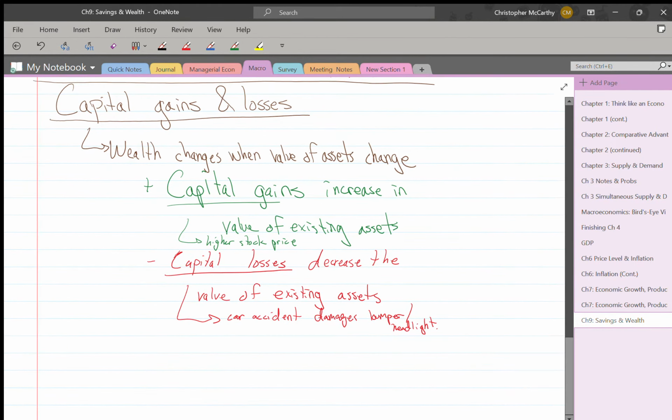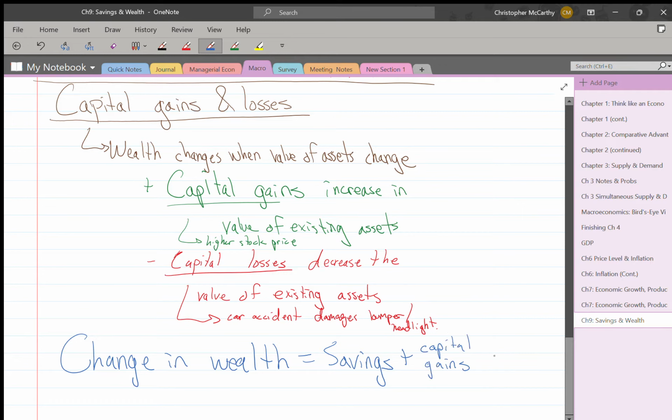It's no bueno. So anytime we have a change in our wealth, it's going to be the result of savings from that period plus any capital gains minus any capital losses.